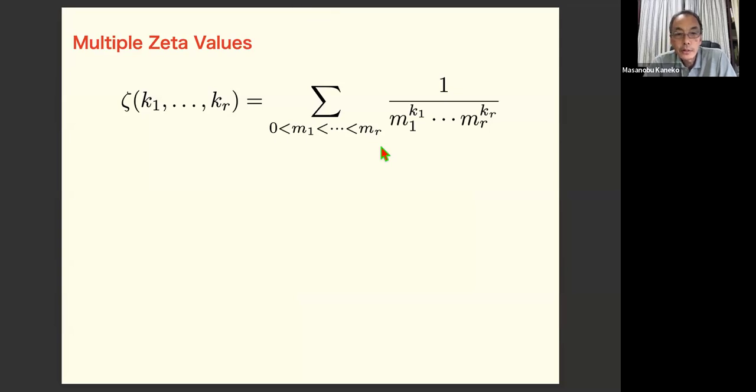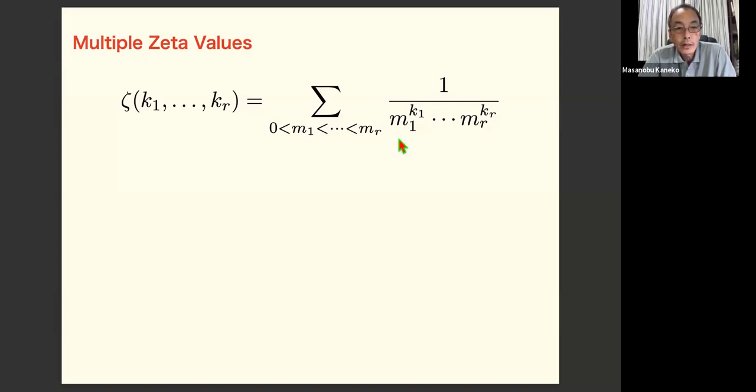This is a real number defined by this nested infinite series. k1 up to kr are given positive integers, and zeta of k1 up to kr is defined as the sum of 1 over m1 to the k1 up to mr to the kr, where m1 is less than m2, less than mr.